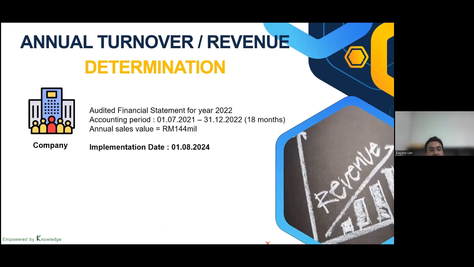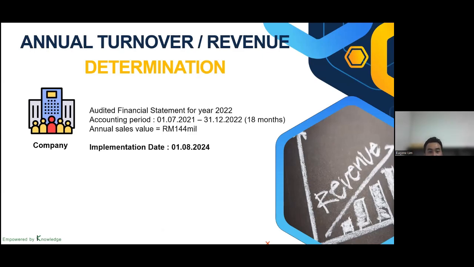Then this is the sample. So when you're looking at your audited account for the year 2022, but your accounting period starts from 1st of July 2021 up to 31st of December 2022. There's an 18 months period. And your annual sales value is 144 millions. So are you going to implement for 1st August this year?